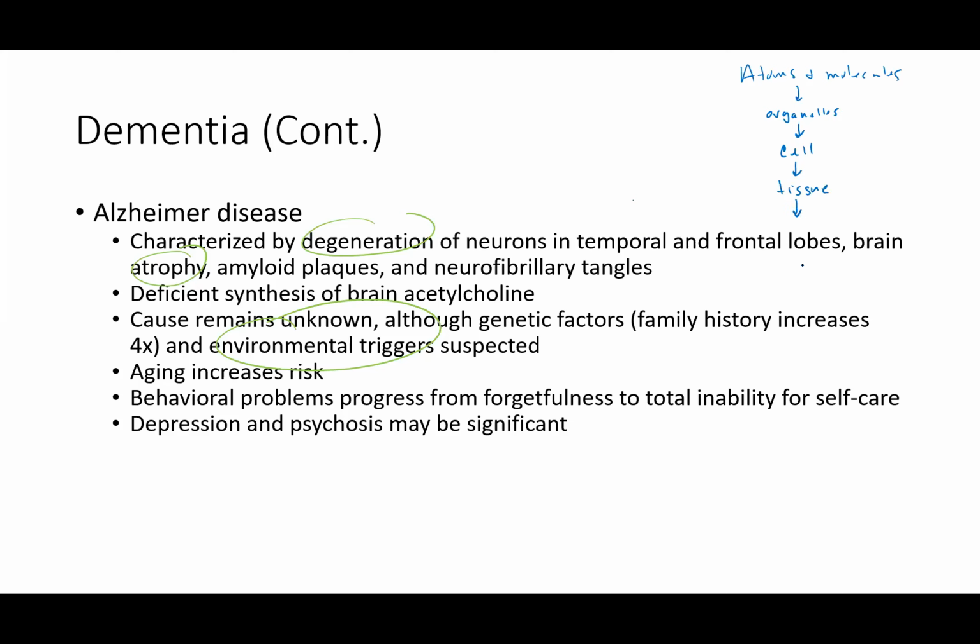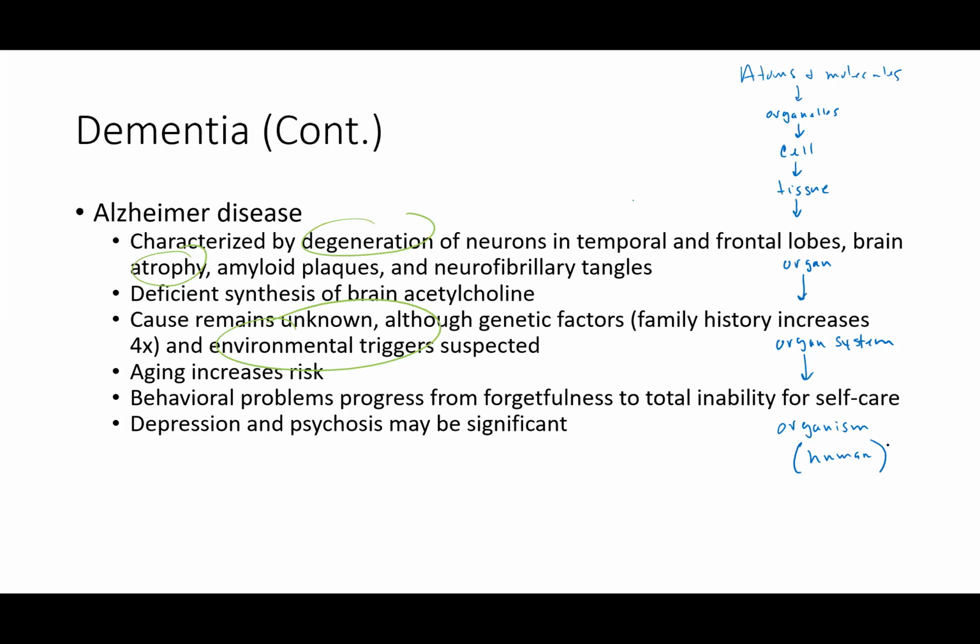You put enough tissue together and you have an organ. Put enough organs together and you have an organ system, like the nervous system. And then if you have enough organ systems working together, you have the organism. Okay, in our case, the human, right? Because you can have animal and plant and all that, but in our case, human.